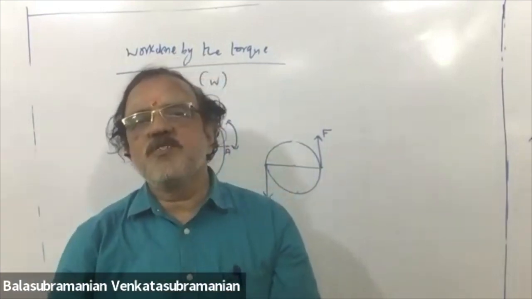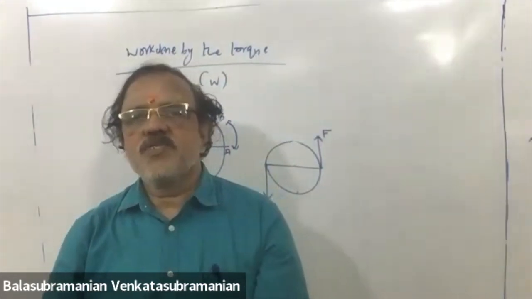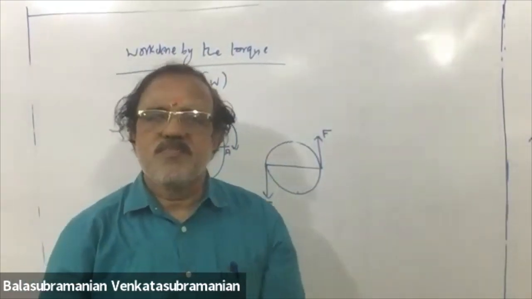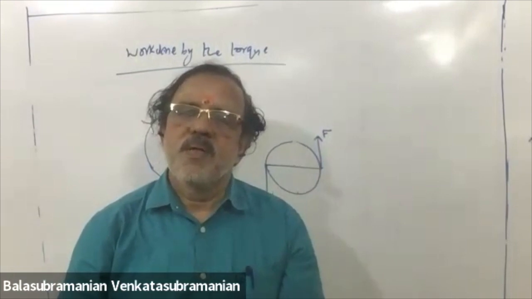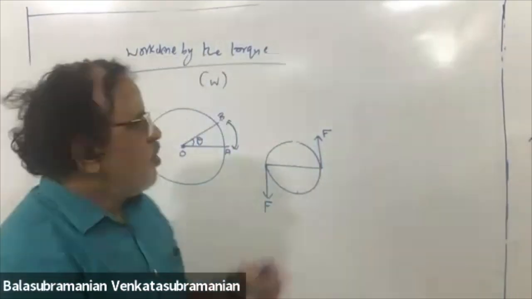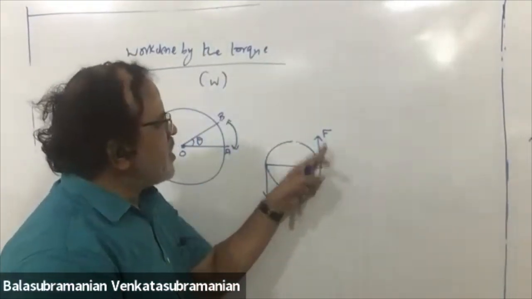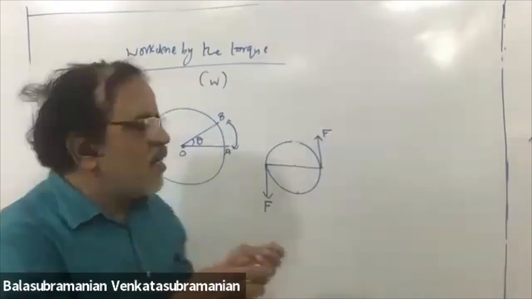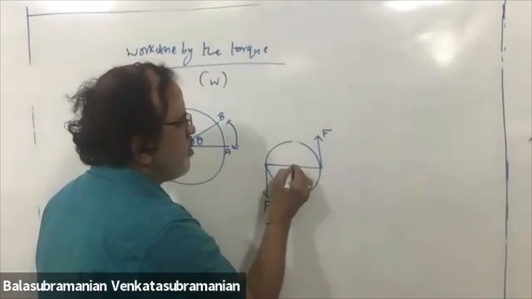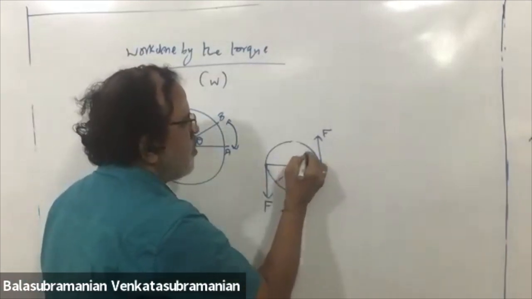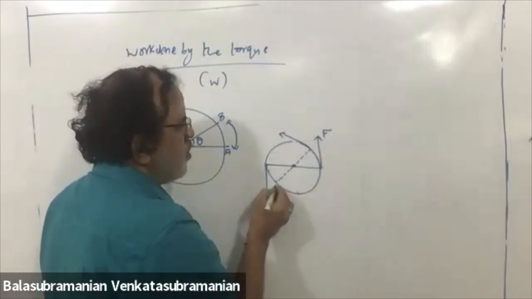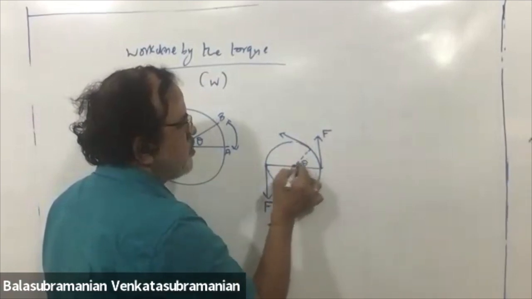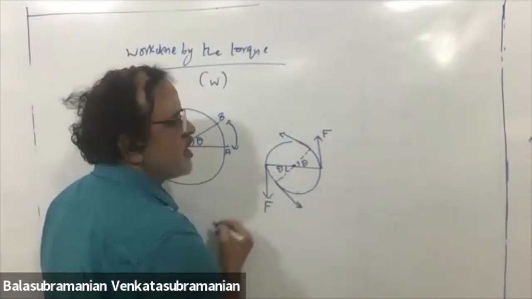All these are examples for moment of a force or moment of a couple. That is called torque. So when you apply a force simultaneously here and here, the body is about to rotate. For a small angle you consider, this is theta, this is also theta.